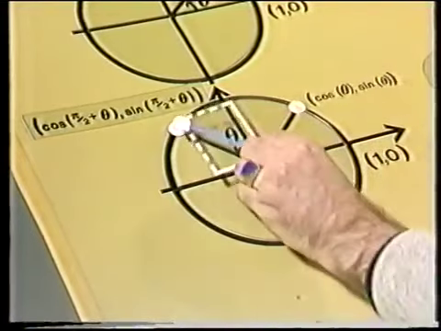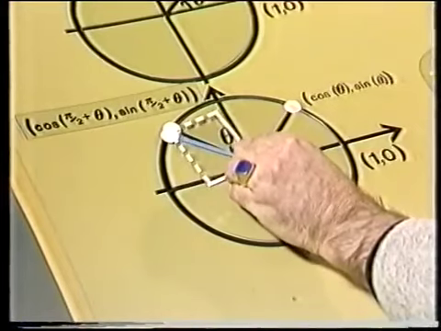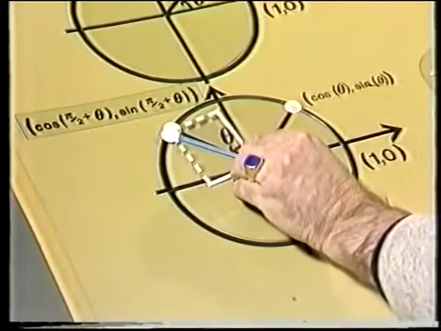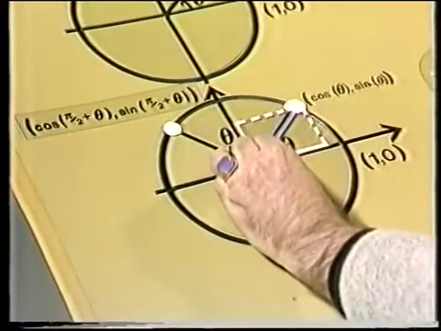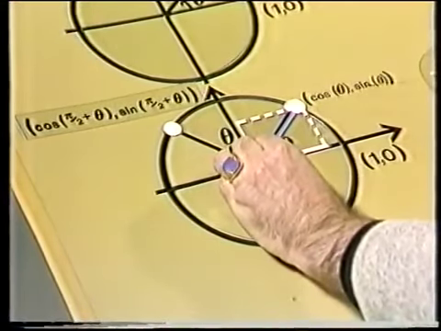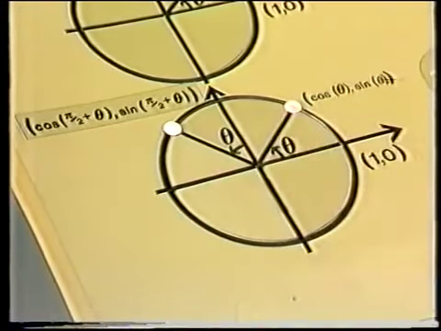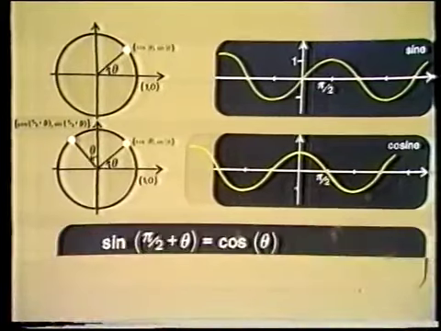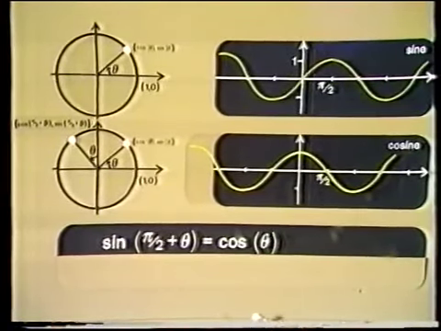Well, the y-coordinate of the rotated point is sine of pi over 2 plus theta. But that's the vertical height, and that's the same as the x-coordinate of the original point. And that's just cosine theta. So, in fact, we know that the sine of pi over 2 plus theta is equal to the cosine of theta.